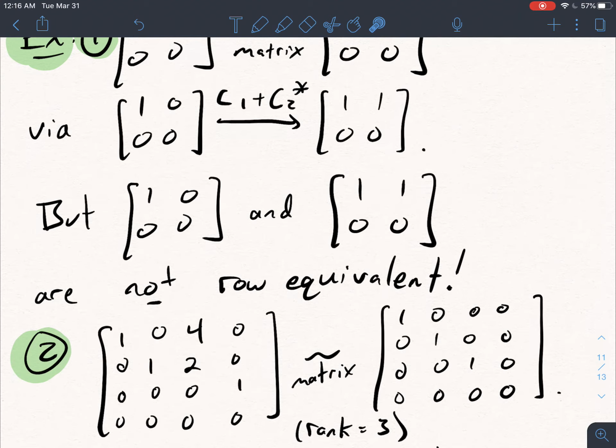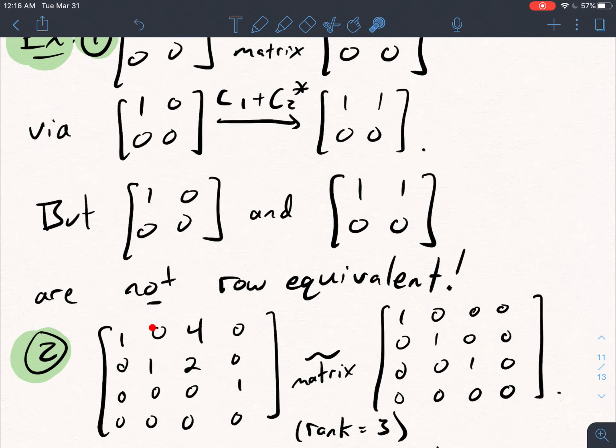As a bigger example, here are two rank 3 matrices. They're both in reduced echelon form. I could do some column operations to the first matrix to get to the second matrix.